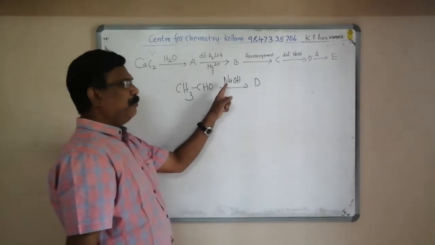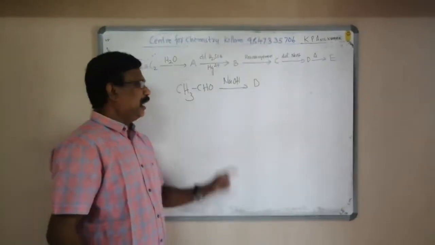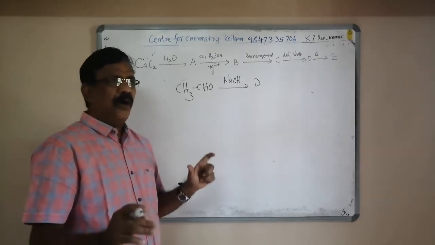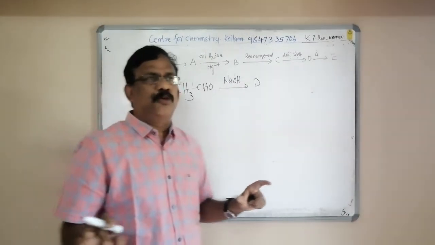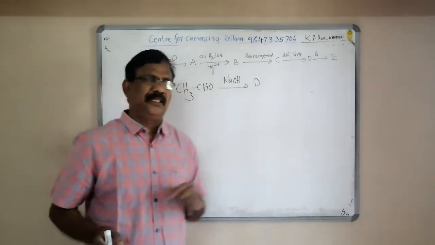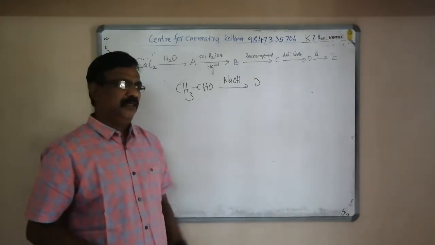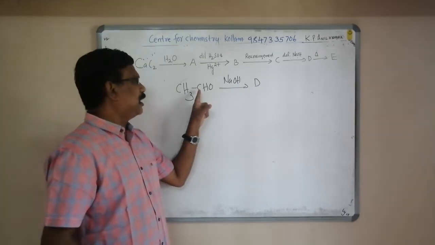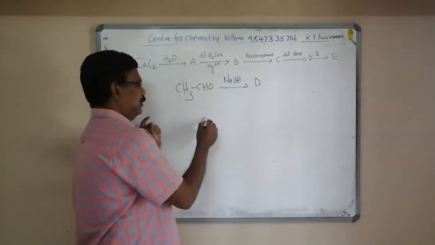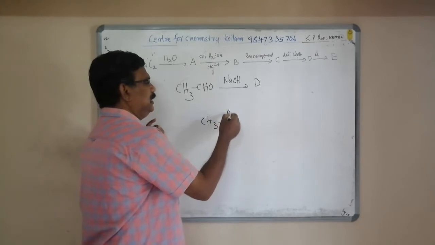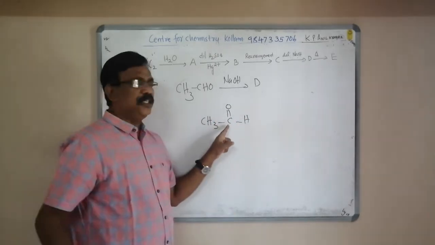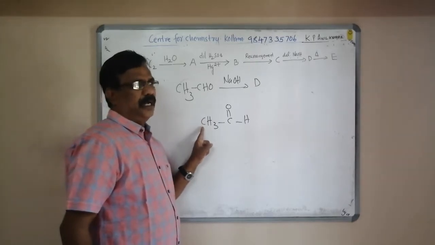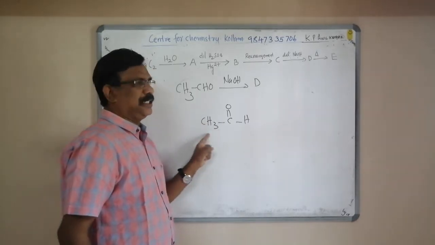So in presence of a base, an aldehyde containing alpha hydrogen atoms. Not only aldehydes, all carbonyl compounds, aldehydes and ketones containing alpha hydrogen. Here 3 alpha hydrogen atoms are present. In CH3CHO, this is the carbonyl carbon and this is the alpha carbon, which consists of 3 H atoms.